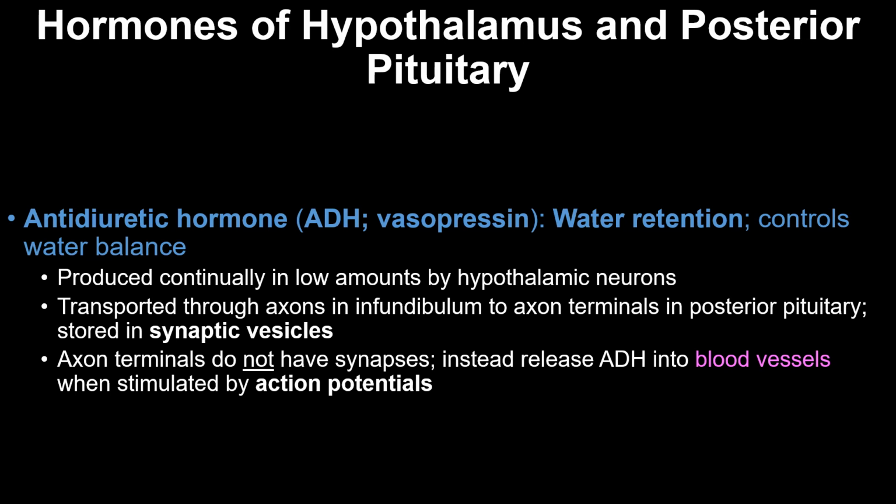Finally, normally, an axon terminal forms a synapse with another cell. However, in the posterior pituitary, the axon terminal simply releases these hormones through exocytosis into that interstitial fluid, and eventually they will diffuse into local capillaries. This is normally stimulated by the action potentials of those axons.